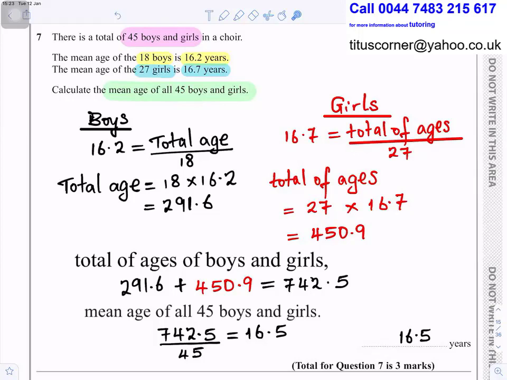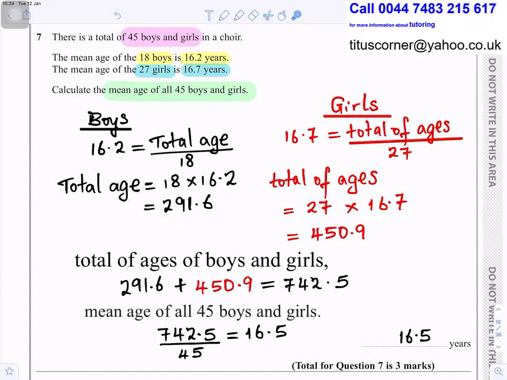So 16.2 mean equals the total age divided by 18, using the formula for finding mean. The mean equals the total divided by how many there are, which is 18. So if you take 18 to the left side, 16.2 times 18 gives you 291.6. So the total age for the boys is 291.6.